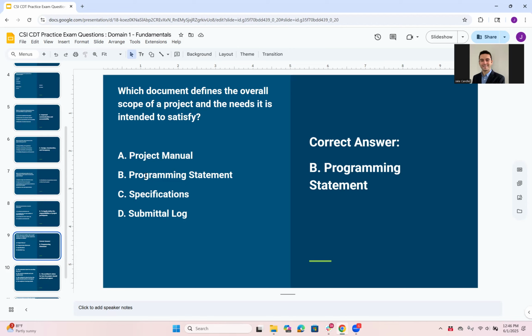It wouldn't really be the specs because that's talking about how we manufacture and deliver the work and what materials are used. And then D is a submittal log. So that's typically very concise. You're only talking about submittals for products. So the best answer here would be programming statement.